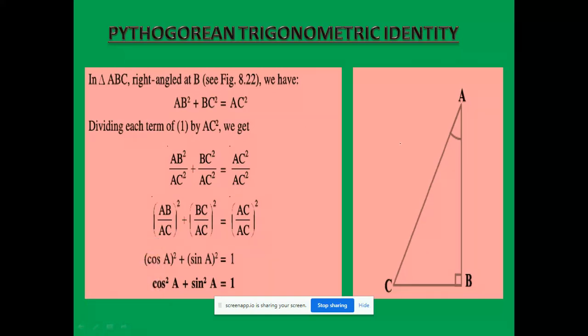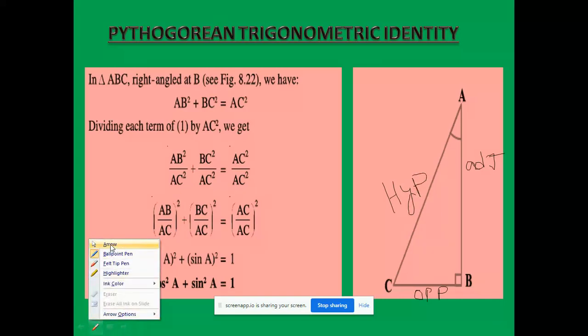With respect to A, I would like to speak. So this is the adjacent side. With respect to A, I am speaking. So this is the opposite side and this is the hypotenuse. Okay, this is hypotenuse. Now we'll proceed.